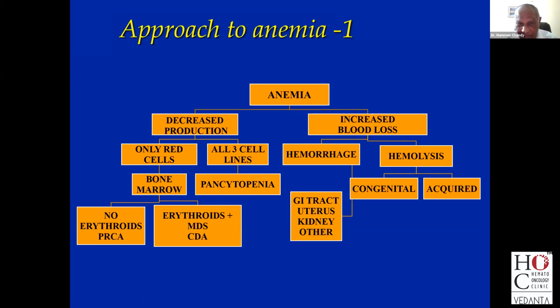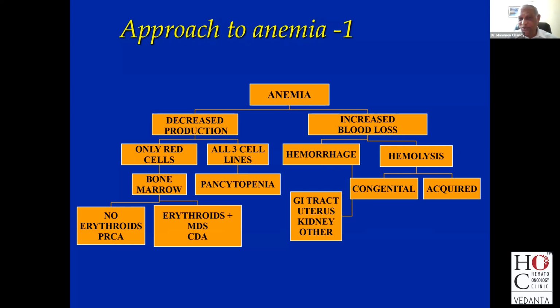Patient has a low hemoglobin, ask yourself, is it decreased production, increased loss? If it's increased loss, only two causes, hemorrhage or hemolysis. If it's hemolysis, it is either congenital or acquired. If you have decreased production, reticulocyte count low, all three cell lines, pancytopenia.